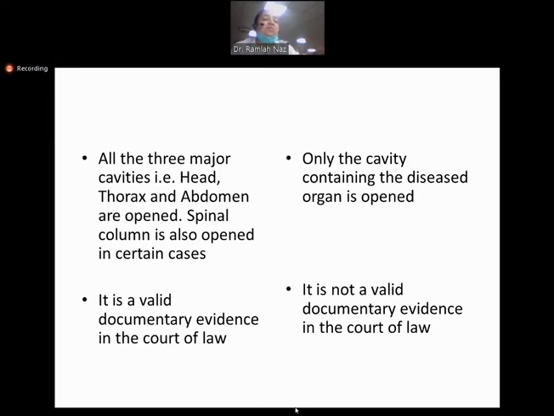Otherwise you will be focusing on these three major cavities, excluding spinal issues. So you are not depending on the postmortem findings only, but you have to open these cavities as well.